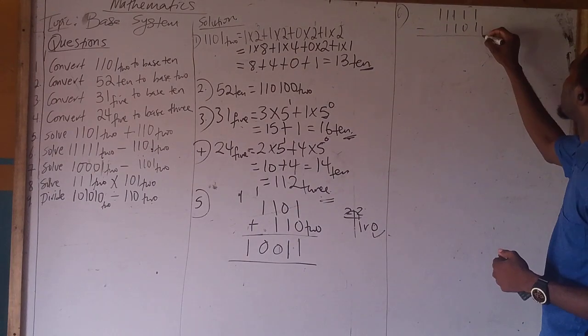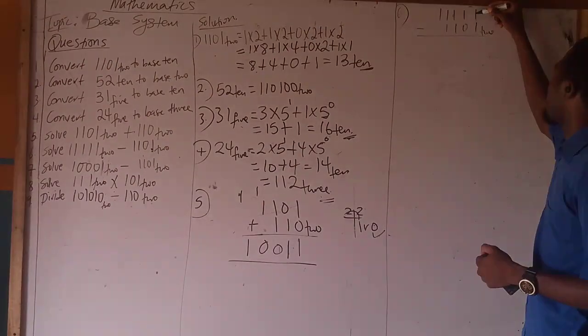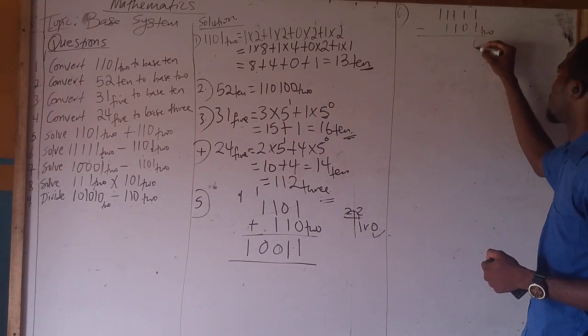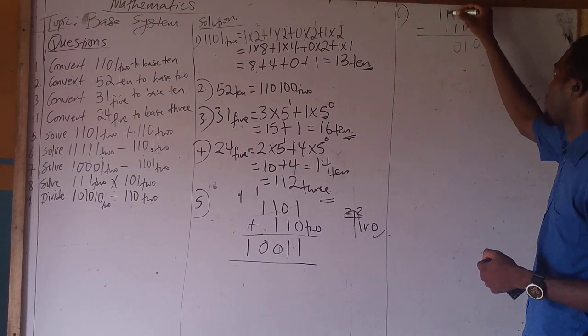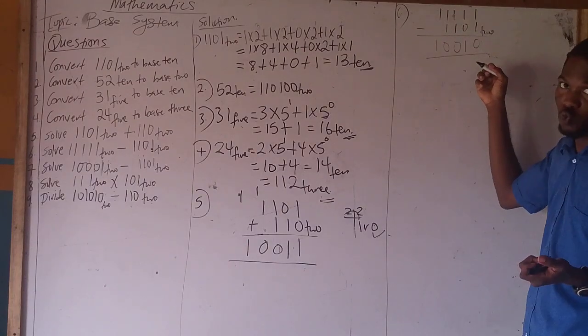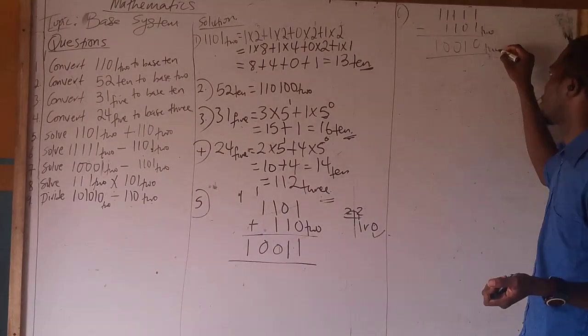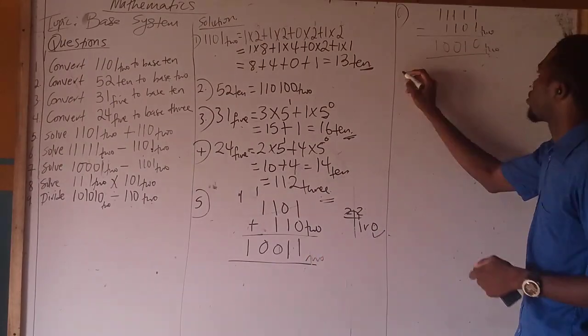So we are subtracting. 1 minus 1 is 0. 1 minus 0 is 1. 1 minus 1 is 0. 1 minus 1 is 0. Then bring down 1. Since we don't have 2, we are not converting anything. So now we are done with this.